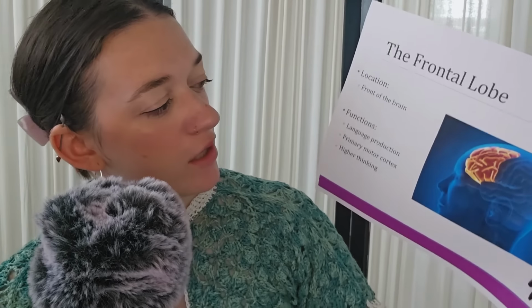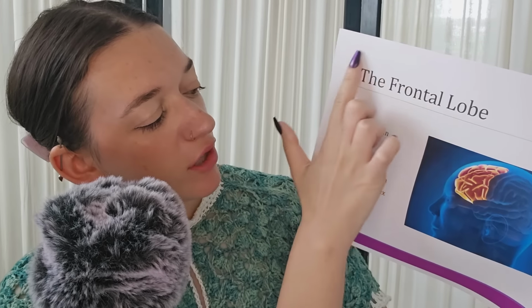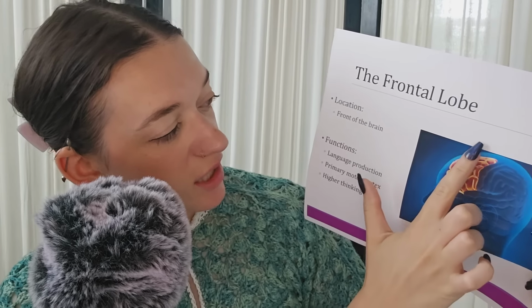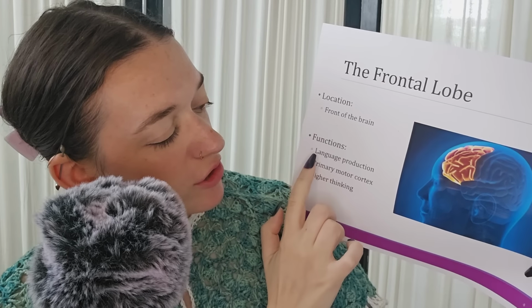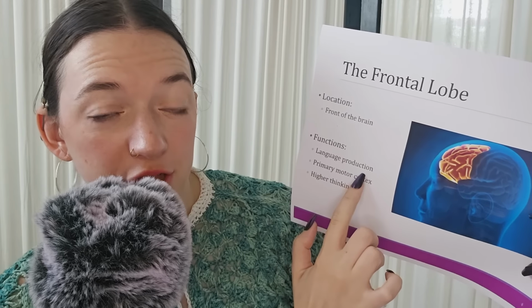As I said, each lobe is in charge of something different, it has different features and functions, but each contribute in some way to language use. So the frontal lobe is in the front part of the brain, and it contributes to language production.